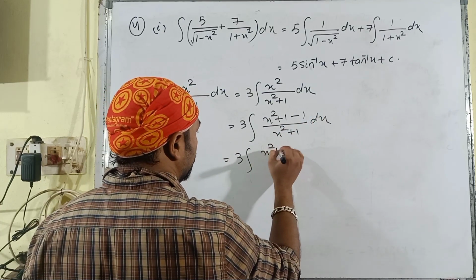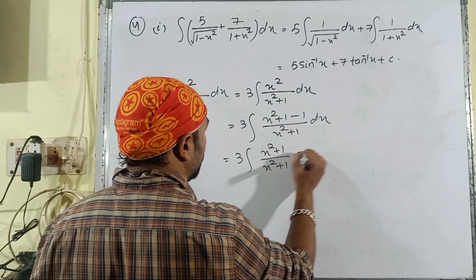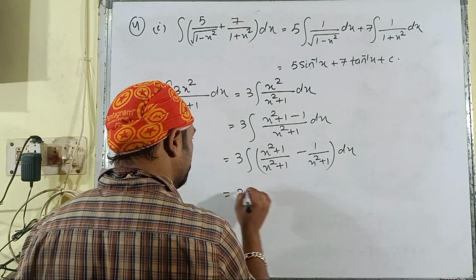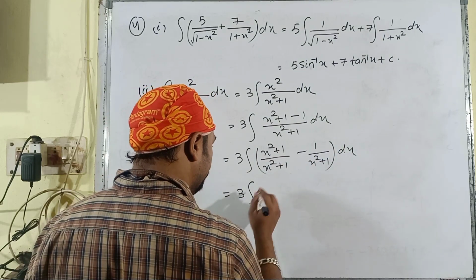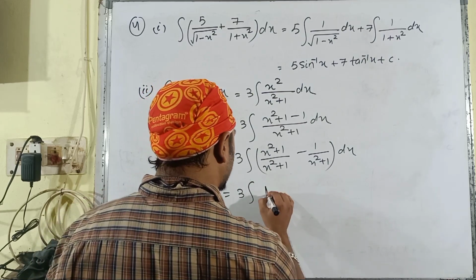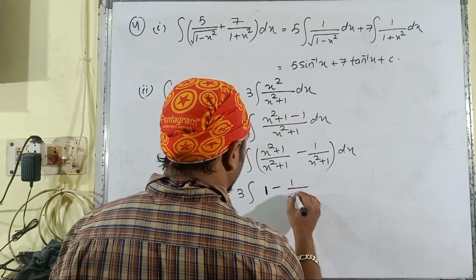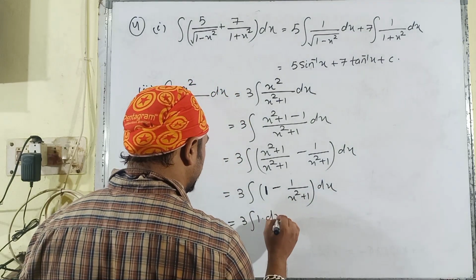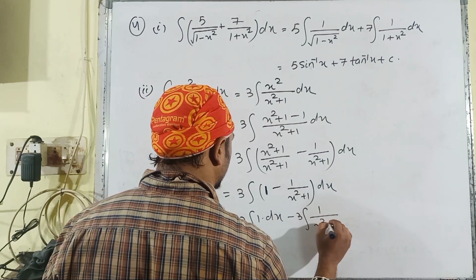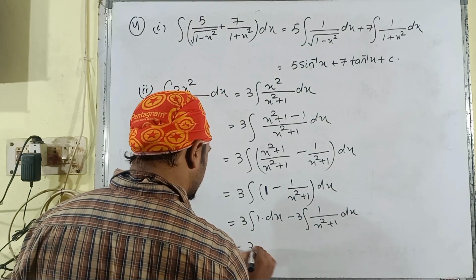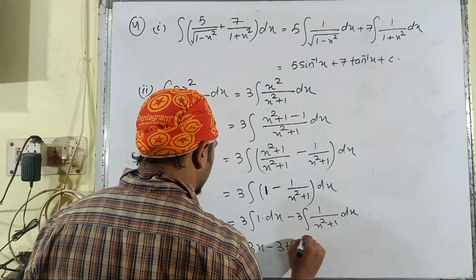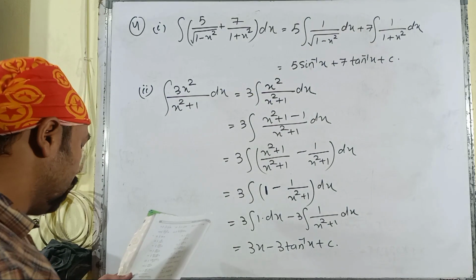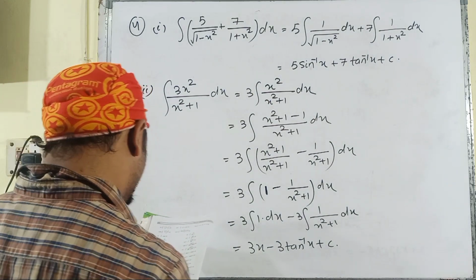Then it is x square plus 1 divided by x square plus 1 minus 1 upon x square plus 1. 3 multiplied with the integral of the difference of 1 minus 1 upon x square plus 1 dx, then it is 3 multiplied with integral of 1 dx minus 3 multiplied with integral of 1 upon x square plus 1 dx, then it is 3x minus 3 tan inverse x plus any constant c. Then moving to the third bit of number 4.